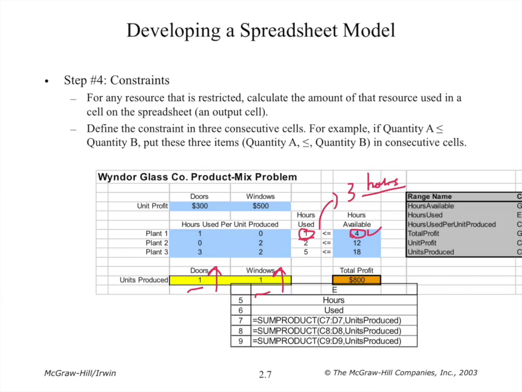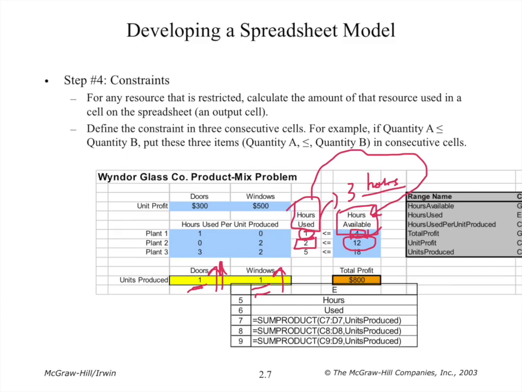On the other side, we have 12 hours available, but we just use 2 hours to produce one door and one window. So we can increase the number of doors or the number of windows. We will increase the hours used, but the hours that we use must be lower than the hours available.